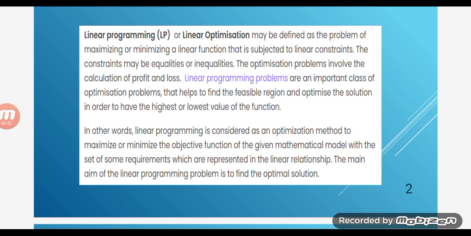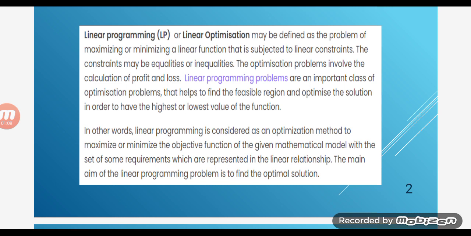Linear programming problems are an important class of optimization problem that helps to find the feasible region and optimize the solution in order to have the highest or lowest value of the function.